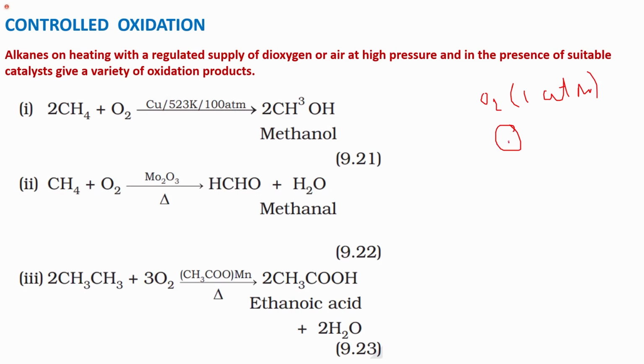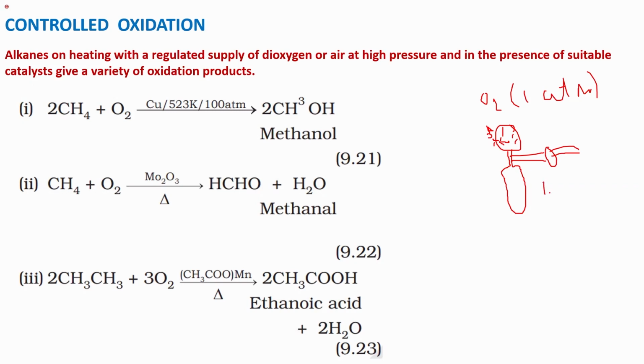This meter will tell you the reading, 1, 2, 3, 4, like that, and this meter is connected to a cylinder. Let's say this is the oxygen cylinder, connected to a meter. Then there is another valve where you can take the oxygen from.